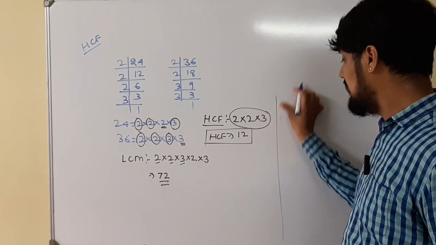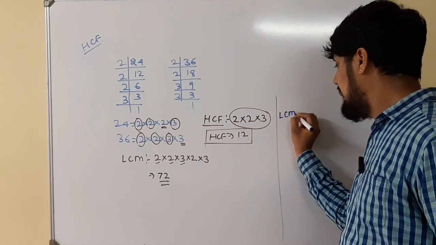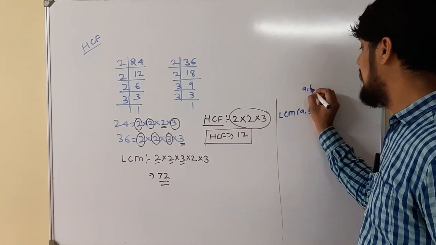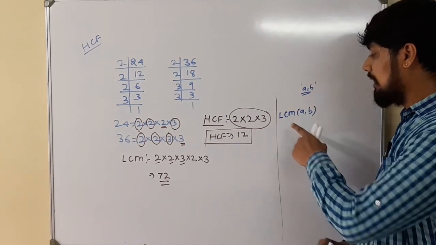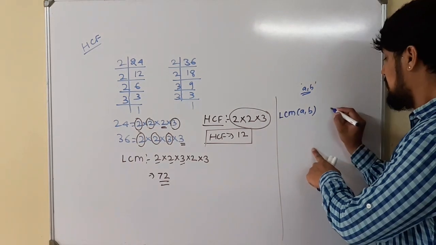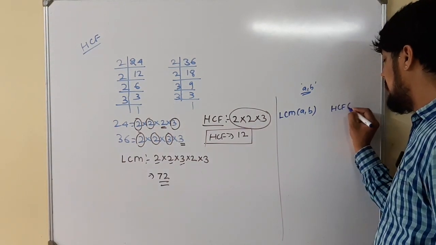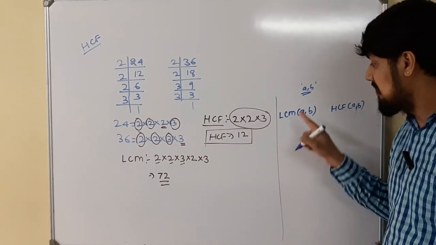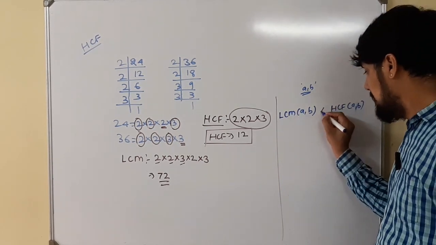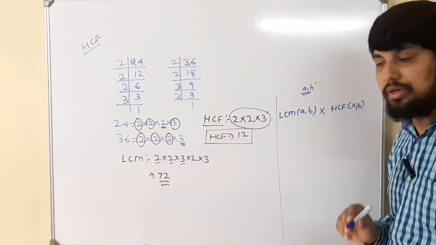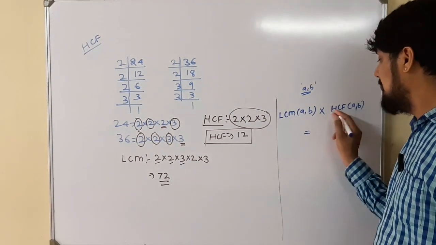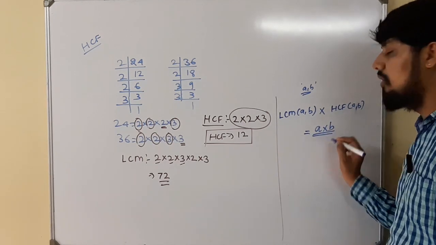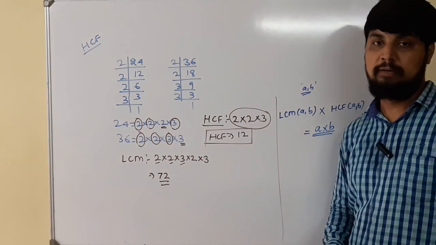So the relation is, let's suppose A and B are the two numbers, and I calculate the LCM of the two numbers and the HCF of these two numbers. Now when we multiply the LCM by the HCF of any two numbers, that multiplication is always equal to the product of the two numbers.